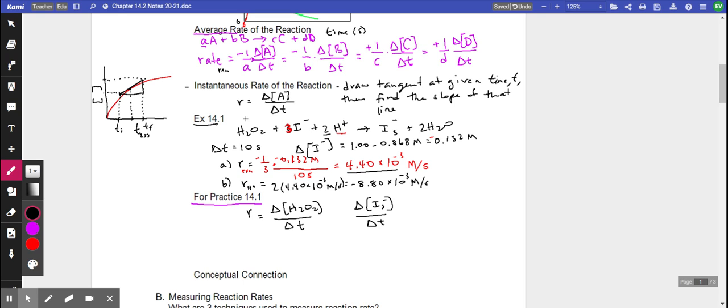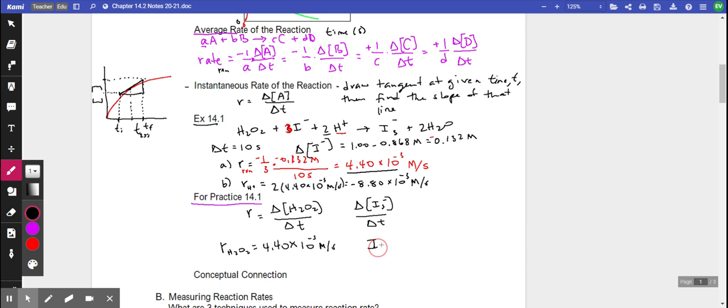So how does H2O2 compare? Well, since there's only 1 mole of the H2O2, it's going to be the same as the rate of the reaction. So the rate of H2O2 is going to be 4.40 times 10 to the negative third molar per second.